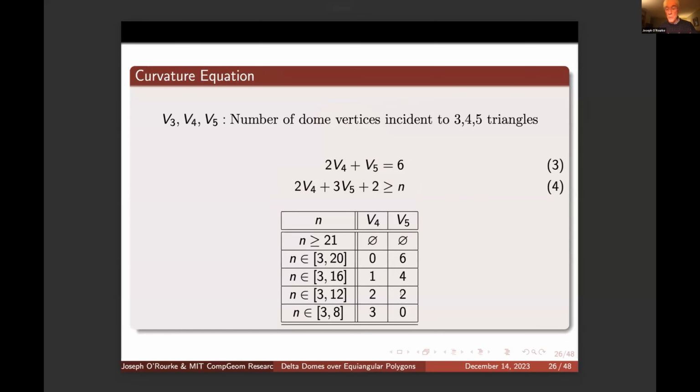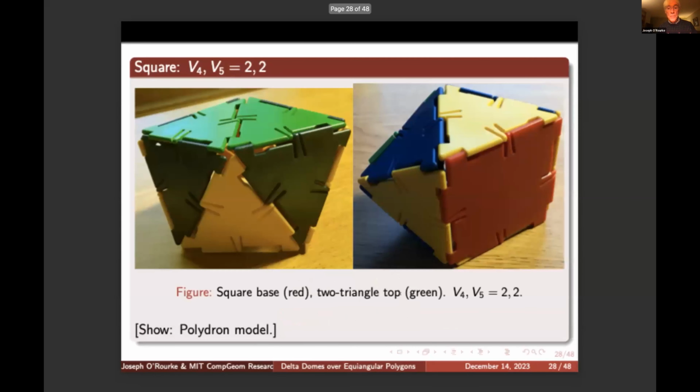Let me show you also 2, 2. We already saw it. It's this figure on the right where there are 4 vertices on the top, the green here, 1, 2, 3, 4. And this one facing you has degree 5, 1, 2, 3, 4, 5.